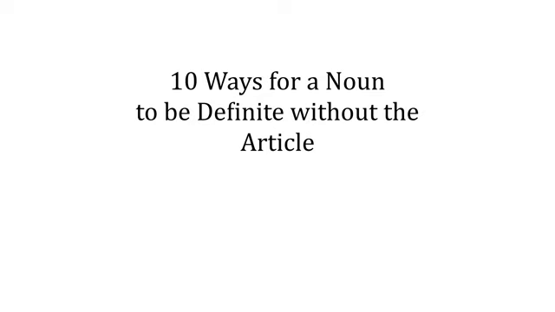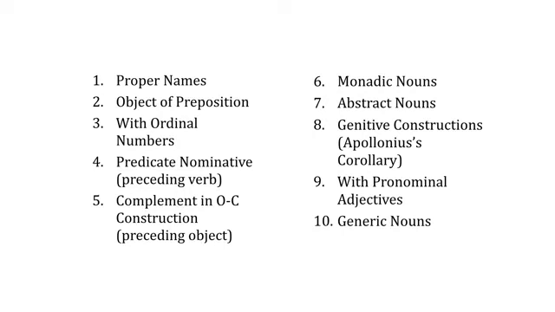Now, there's 10 ways for a noun to be definite without the article in Greek, and we'll list these, talk about them quickly, and then we'll give some more examples that illustrate this. We start with the first three. If it's a proper name, it obviously will be definite because proper names specify a particular individual.